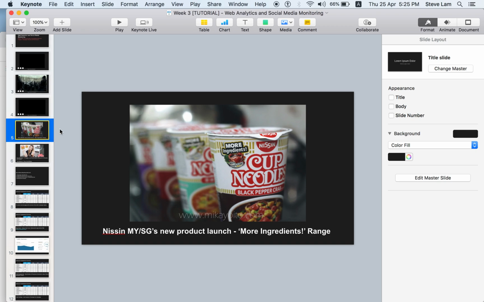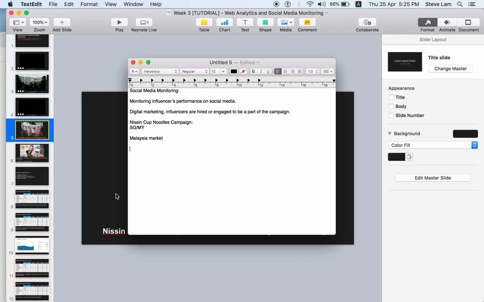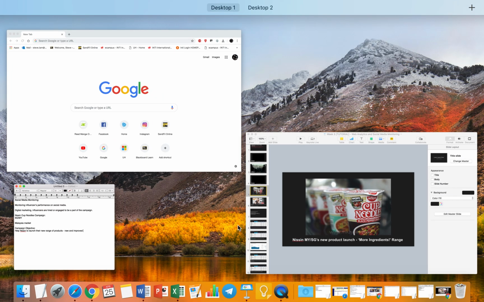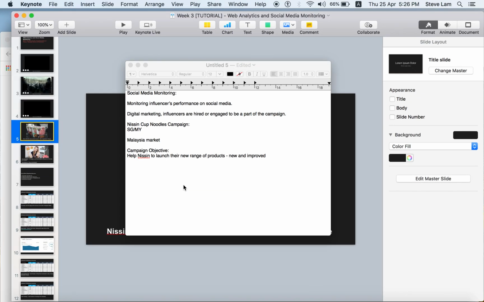I think there's tom yum, whatever. So the campaign objective is a very simple one. It's just to help Nissin to launch their new and improved more ingredients range.